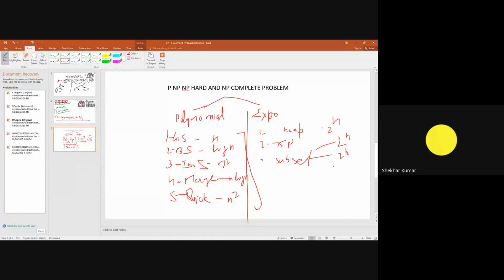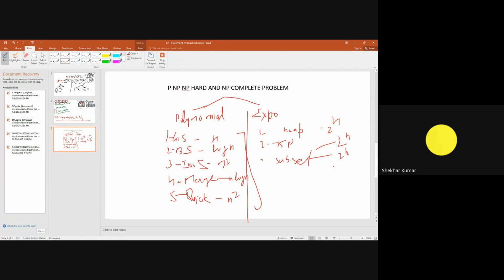Those algorithms are called polynomial time algorithms. So the next algorithms are your exponential time algorithms, in which the solution is not found in polynomial time. That is found in exponential time.